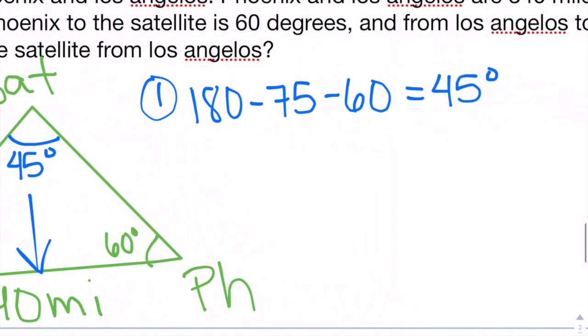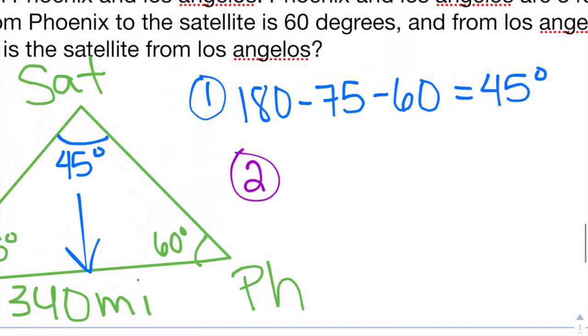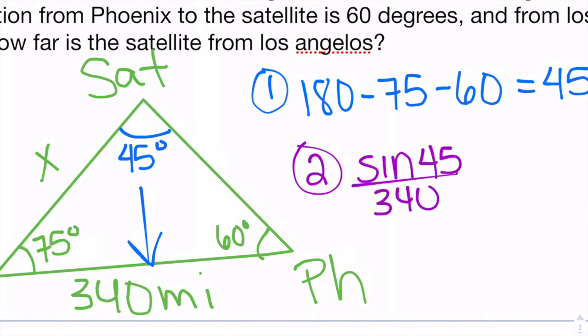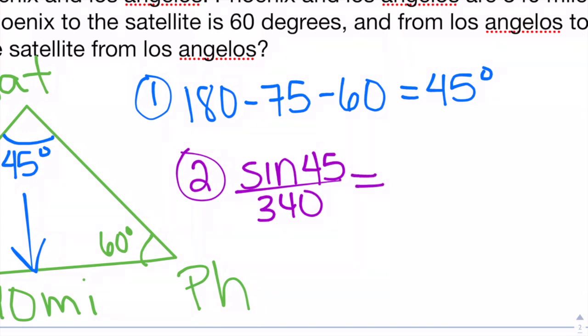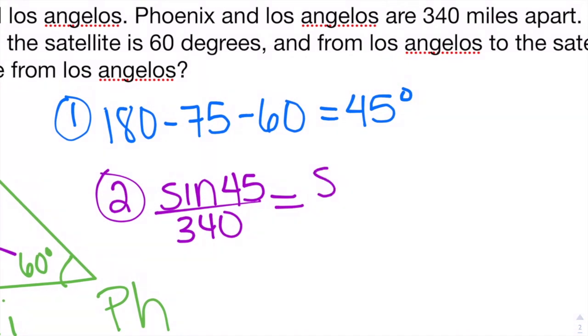Now the next step is to use law of sines, and we're going to use our pair. So sine of our angle divided by that side is going to be equal to, well, we want to find x here, so we're going to use the angle that's opposite of x with it.